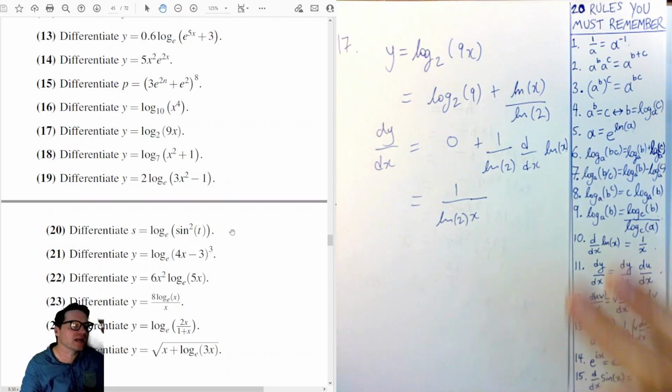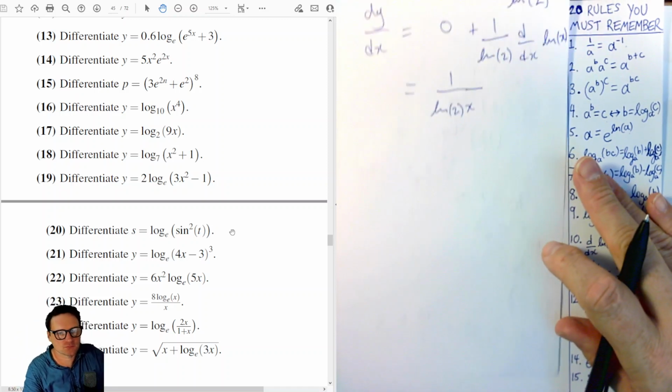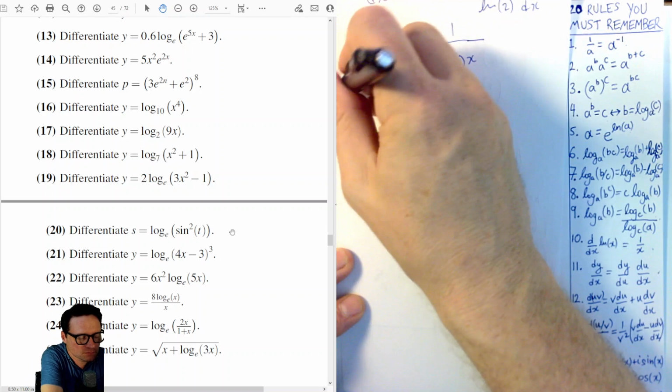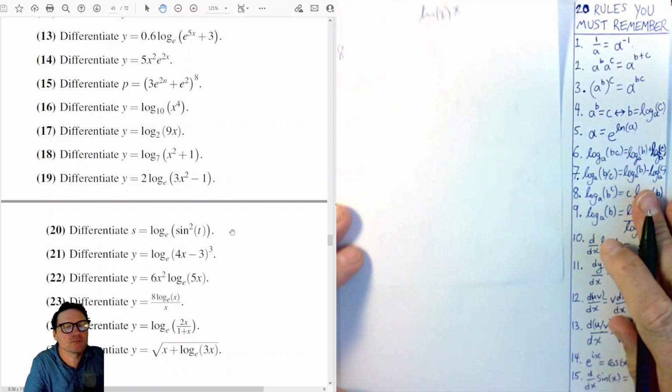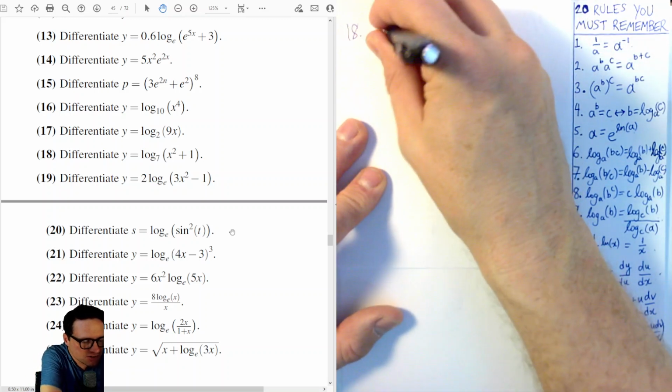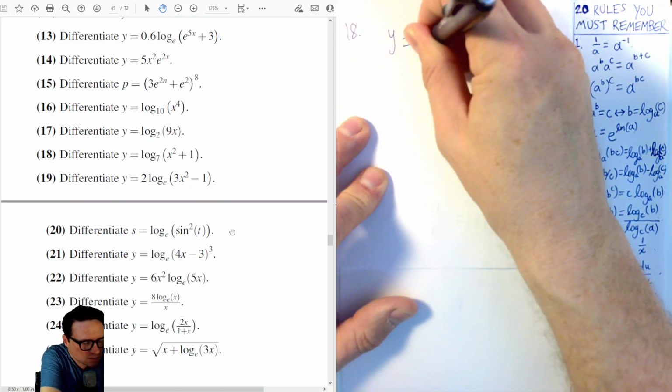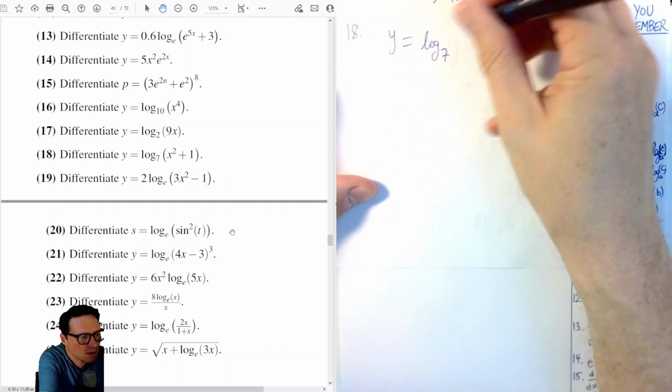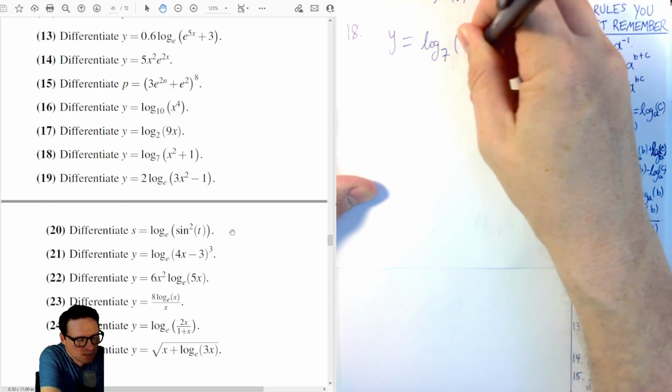Okay, question 18. Says differentiate y equals log to base 7 of x squared plus 1.